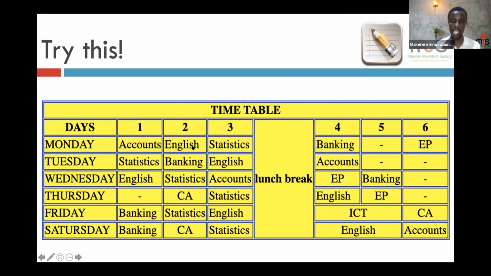Now, what I want is just a table which is in yellow or any color as a background. Then I want the table to be like this.